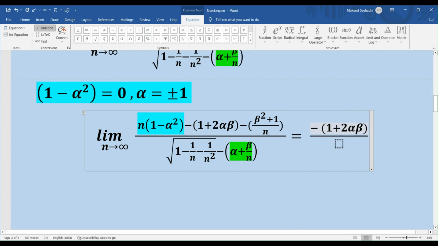Now let's come to the denominator, which is where this is going to help you understand whether alpha is equal to plus 1 or minus 1.